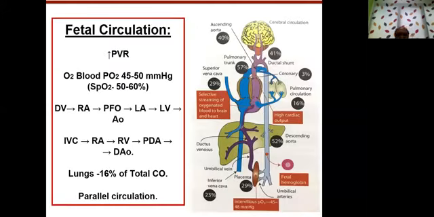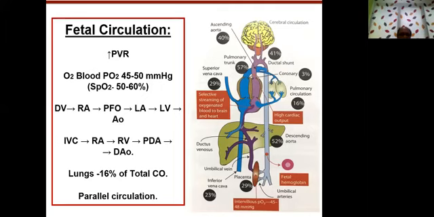Now, a brief introduction of the fetal circulation, because it's quite important to understand what happens during fetal life, and as the baby is born, what is the transition which happens. What you can see there is the oxygenation of the blood which is passing through the ductus venosus from the placenta.